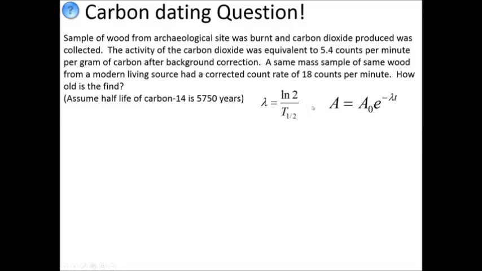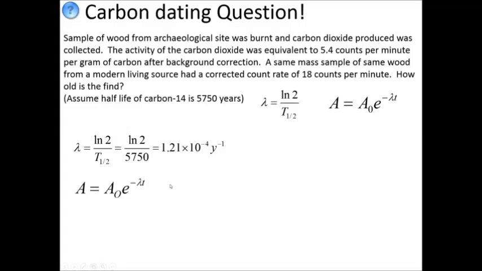So using our two equations, that lambda equals log 2 over the half-life, and activity is the original activity, e to the minus lambda t. First of all, we can work out lambda. So if we work out lambda for carbon, log 2 over 5750, this is 1.21 times 10 to the minus 4 per year. So this is the chance of decay, that amount per year.